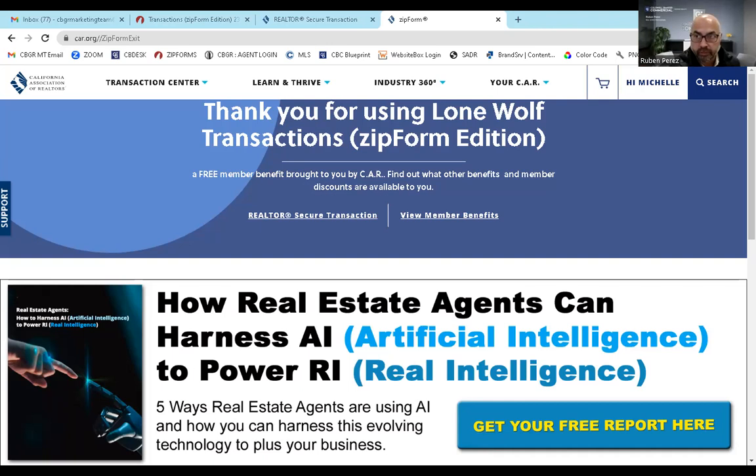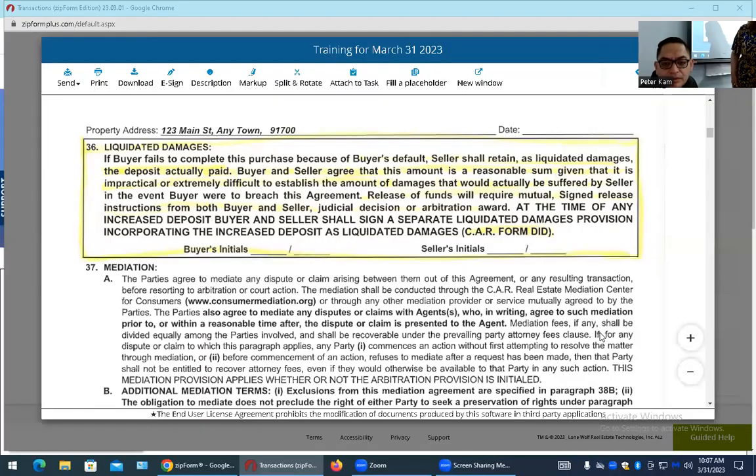I can see her screen. Oscar, can you see her screen? Okay, so you've got to go back, left to the transaction tab. She's sharing the wrong screen. Oh, you're sharing the Lone Wolf. Let me share what I put up. One second. Okay, how about now? Yeah, now it's better. Okay, we're good.